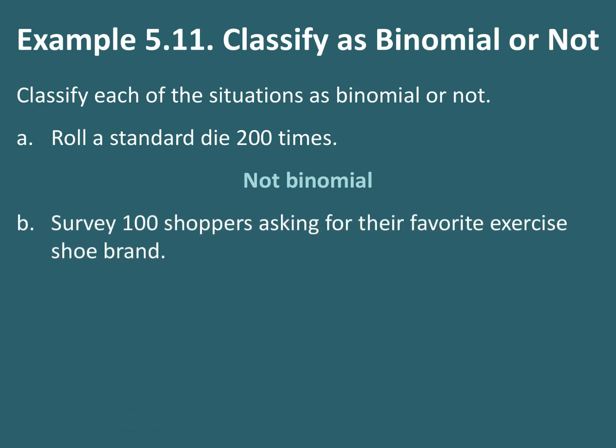B. Survey 100 shoppers asking for their favorite exercise shoe brand. This is also not binomial. And that's because there are so many different exercise shoe brands, more than just 2, certainly.